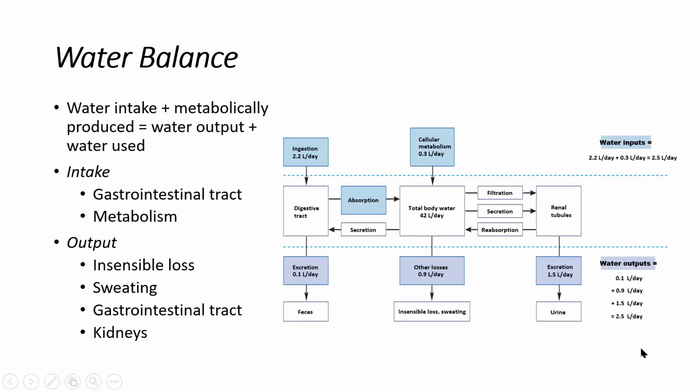And this is why it's so important to be ingesting enough water, because we're going to be losing water through other processes that we sometimes can't control, like sweating, like urine, like feces, to get rid of waste. And so we need to be ingesting enough water to match that output. Otherwise, we're going to fall into a state of imbalance, throwing off homeostasis, okay?